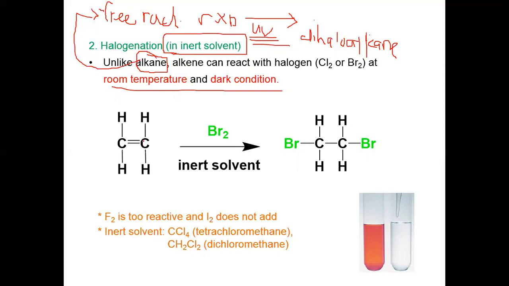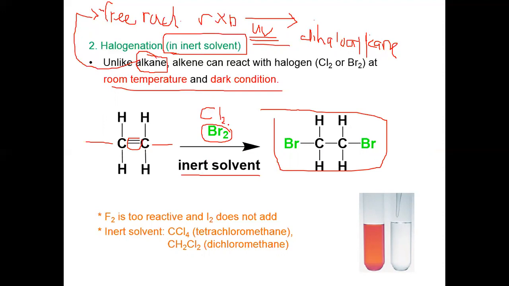So this is your alkene, a double bond here. So in an inert solvent, just add in your bromine, both sides. So it will convert to a dihaloalkane. So this reaction is simple. Just put them in, anywhere that is empty. Okay, this reaction can only involve chlorine and bromine. Because fluorine is too reactive, and iodine cannot go in.